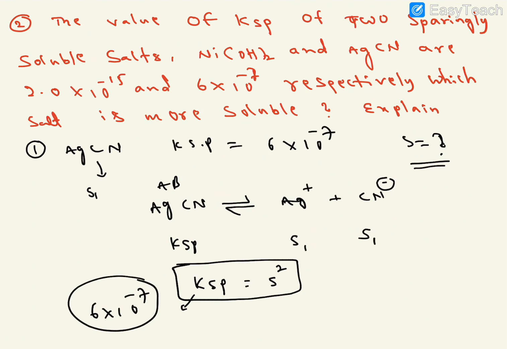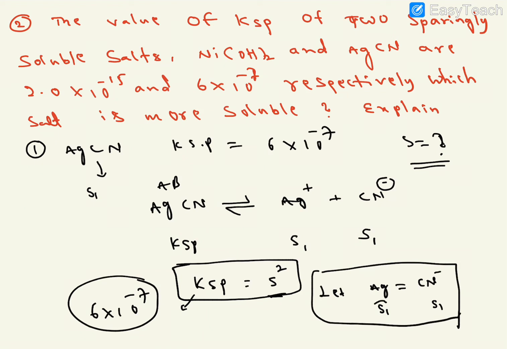Let the Ag ion concentration be S1 and the CN minus concentration also S1, which means both are equal. So we can find the solubility from any one ion.